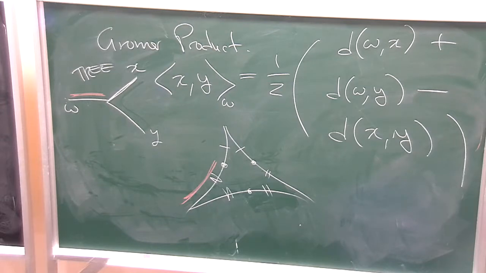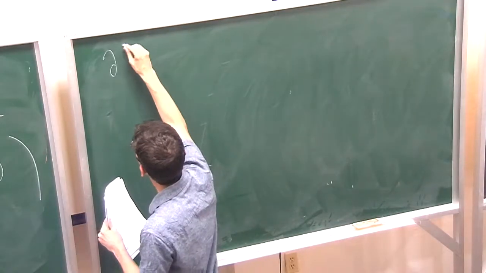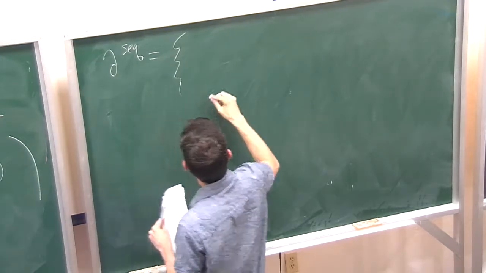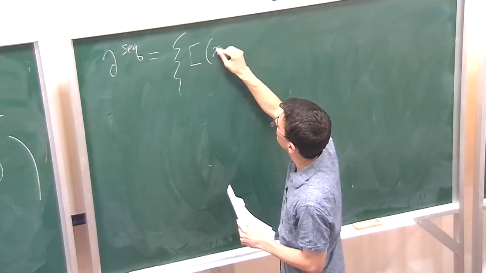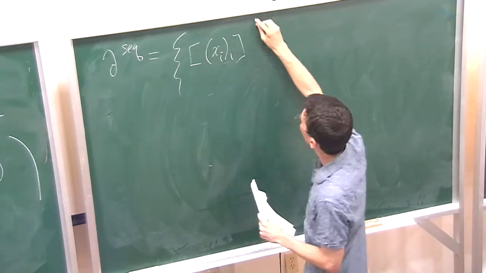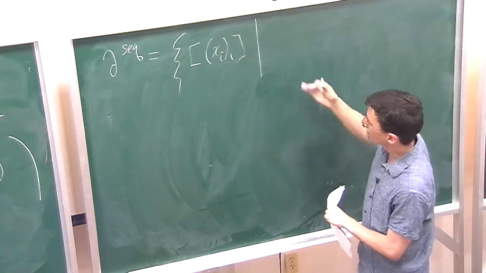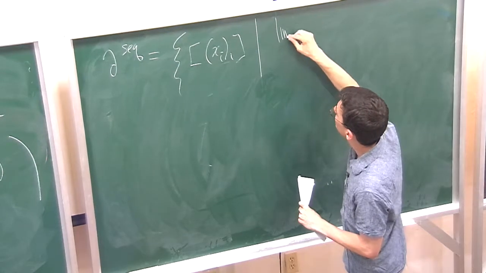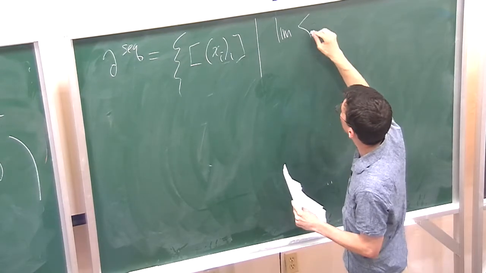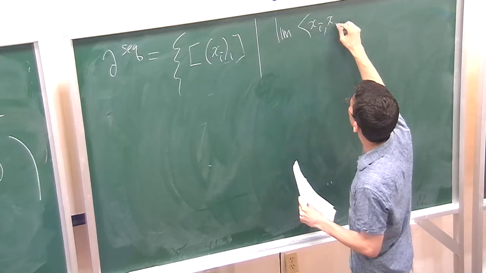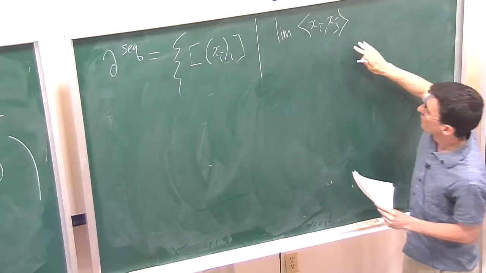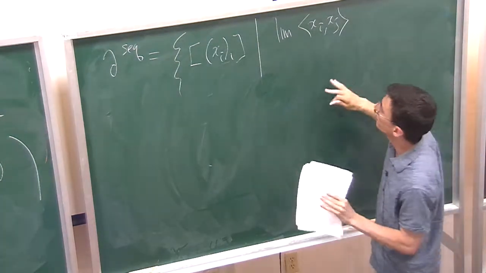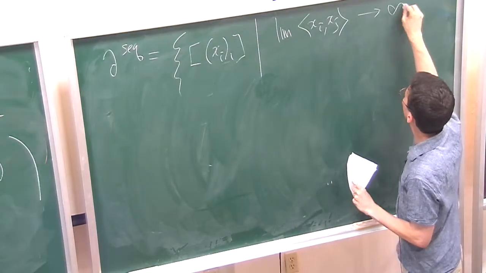Okay, so now I can define the sequential boundary. I want equivalence classes of sequences. I'm going to obscure the base point issue; you can prove that it's independent of base point. This thing is going off to infinity.